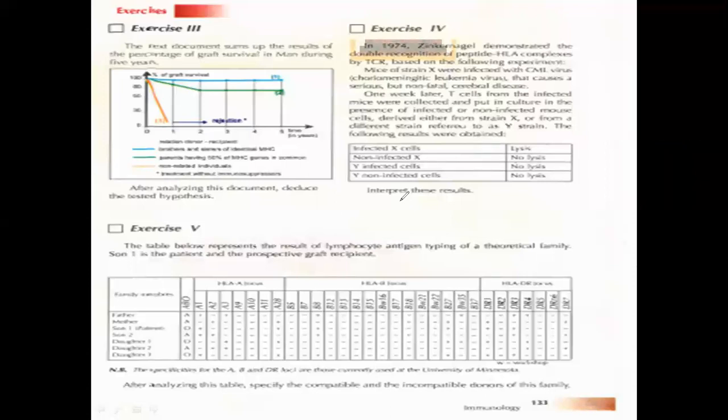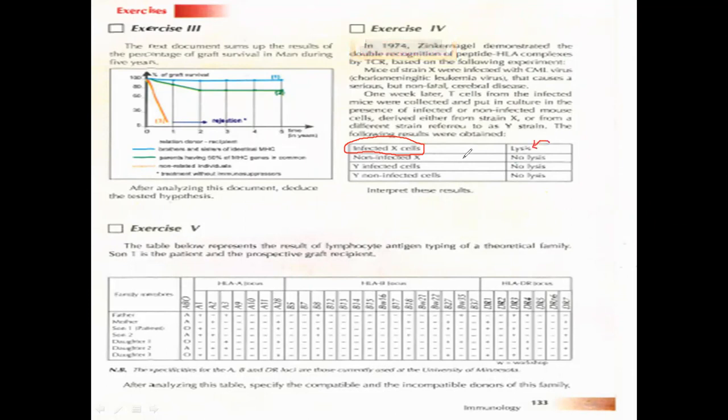First of all, we have infected X cells. We put infected X cells together with the T cells derived from infected mice, because they already have this CML. When we put these infected X cells, meaning infected cells from the mouse of strain X, with T cells from the X mouse that was already infected, there was lysis.